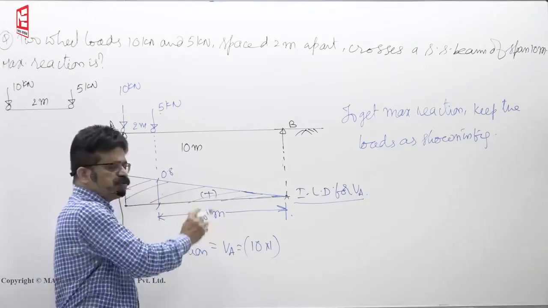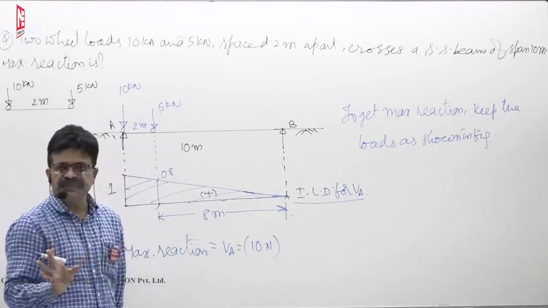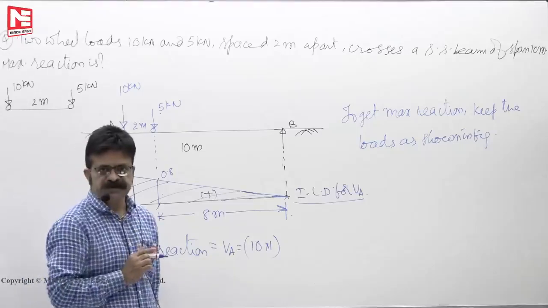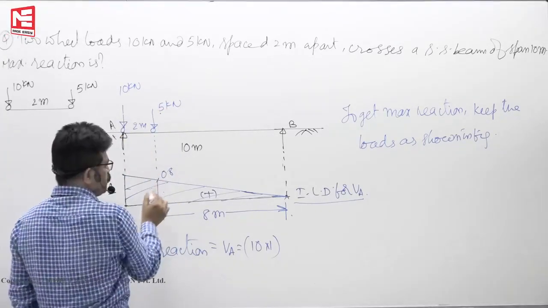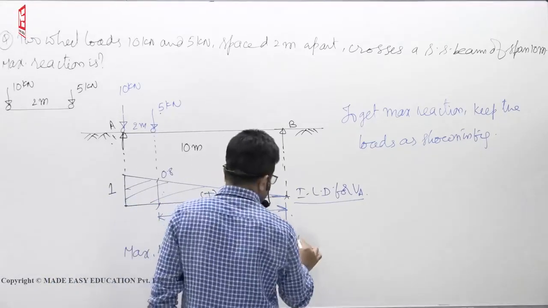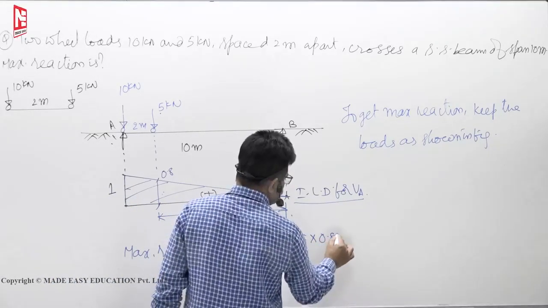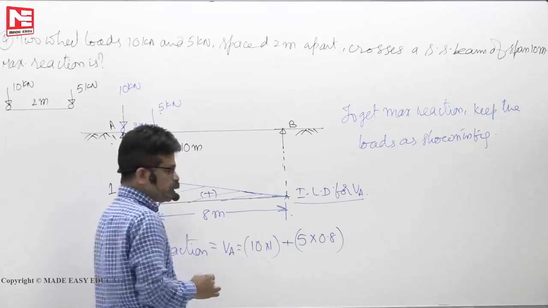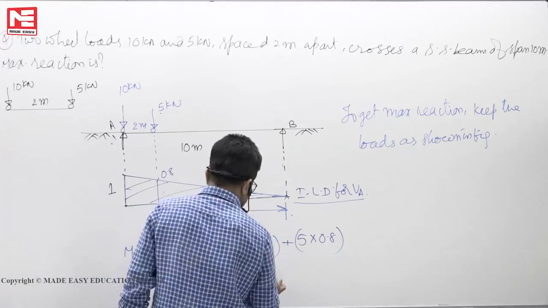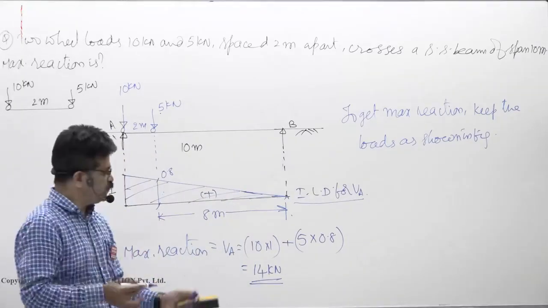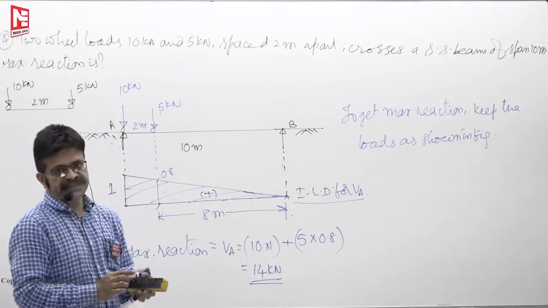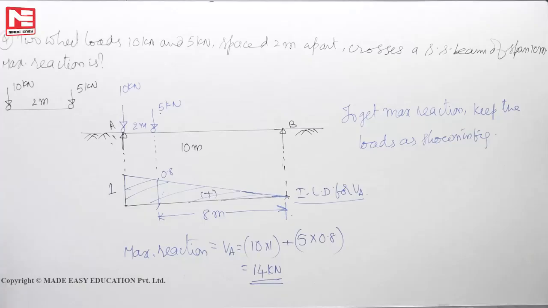This diagram tells you only about VA, no other information you can get from this diagram. So the influence of 5 on VA is only 80%, so you have to write that one. Load into its influence, only 80%, so 0.8. So, 14 kilonewton. Any other position of the loads, you will get less than 14 kilonewton reaction. Okay.